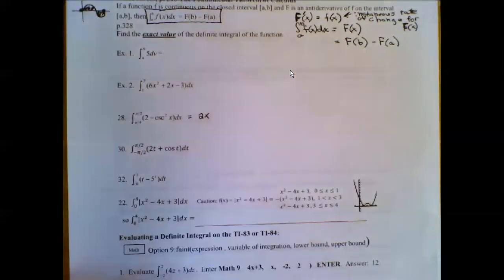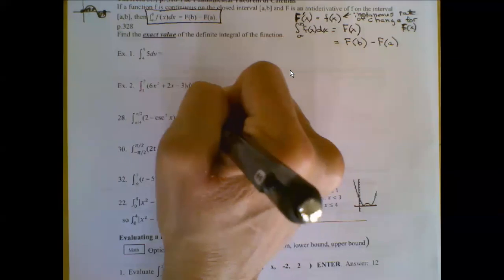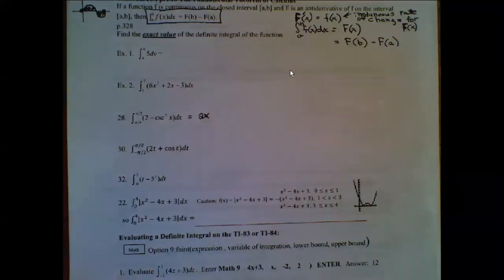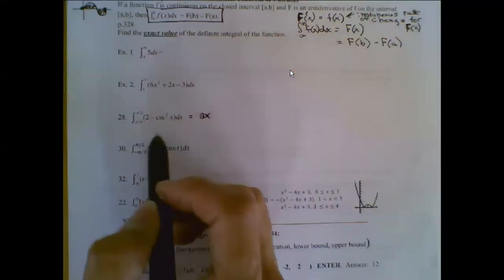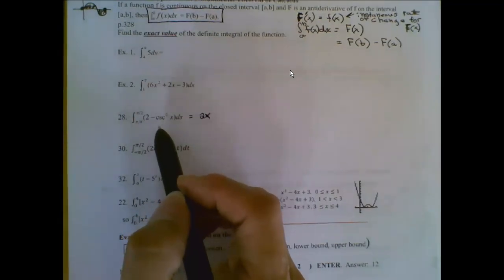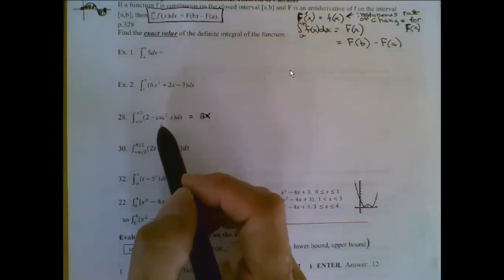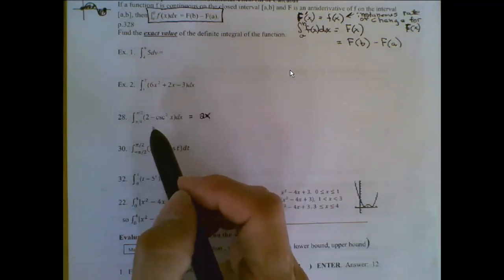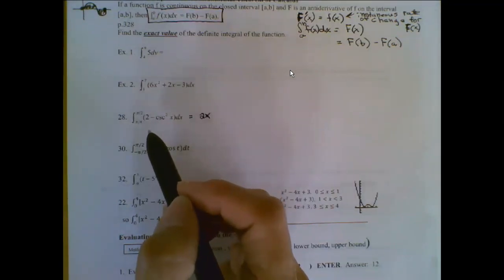Now you may have to go back and do some problems from 5.1 just to practice finding antiderivatives. But I've got to squint really hard and remember which one of my trig functions, if I differentiated it, I would get cosecant squared. Which one of my trig functions has as its derivative cosecant squared?